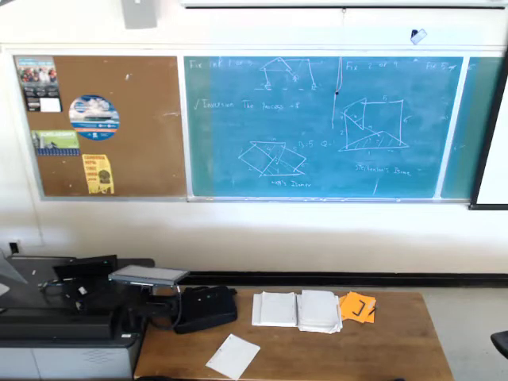So this link cannot move. What's happening, I'll show you on the video. This slider is going to have complex motion. It's going to have rotational as well as translational. The slider has complex motion.